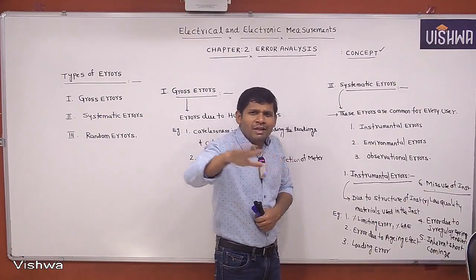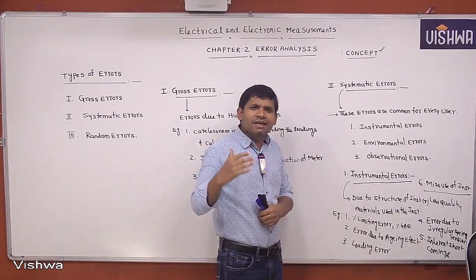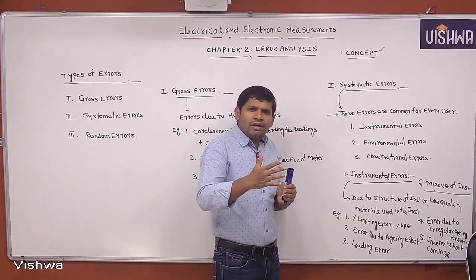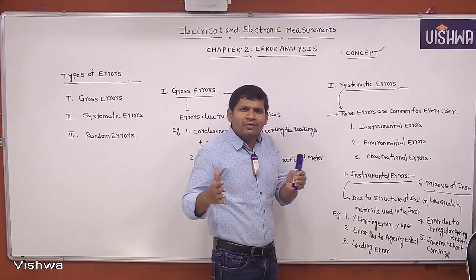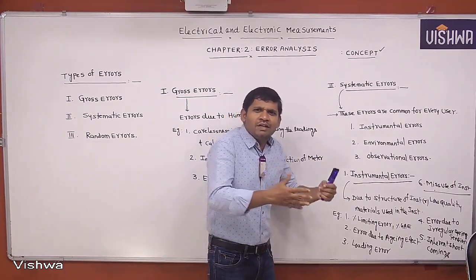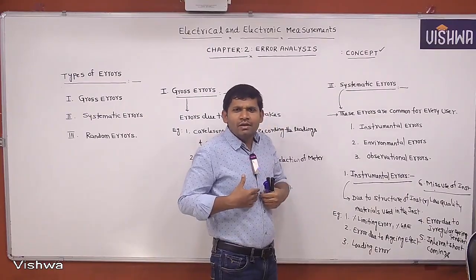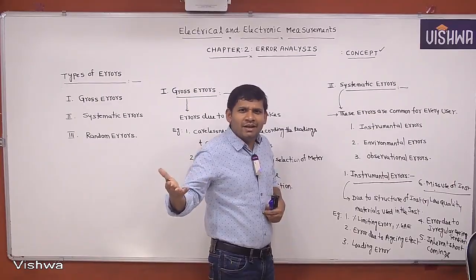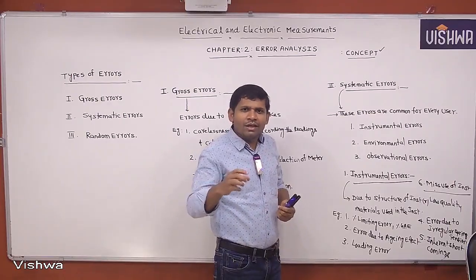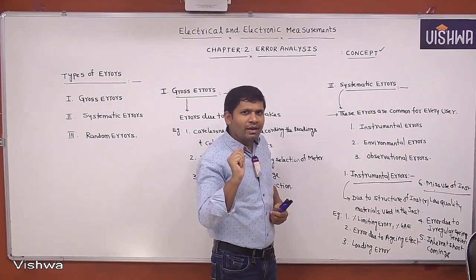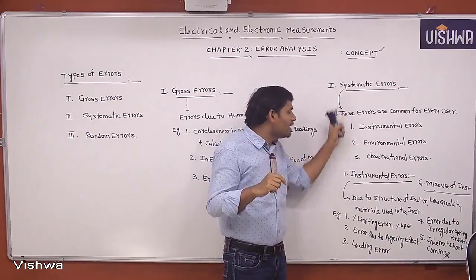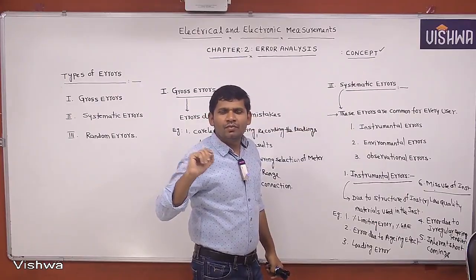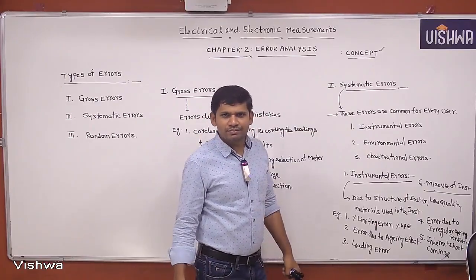Always, for all the users, it gives the same error. That's the reason the name is given as systematic. This instrument cannot give different errors for different users. I am using that instrument, I will get 2% error because I am the faculty, and you are the student, you get 3% error? Is it possible? No. For all the users, it gives the same error. That's why instrumental error is systematic. For all the users, it is constant.